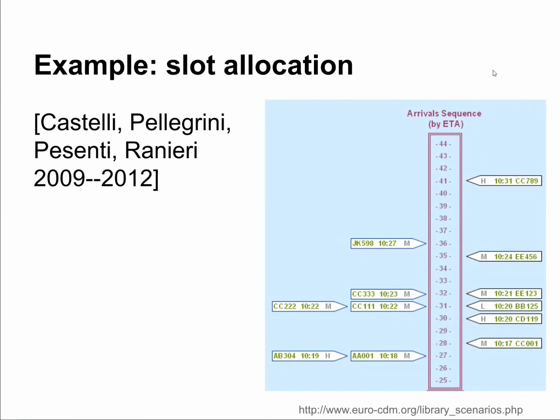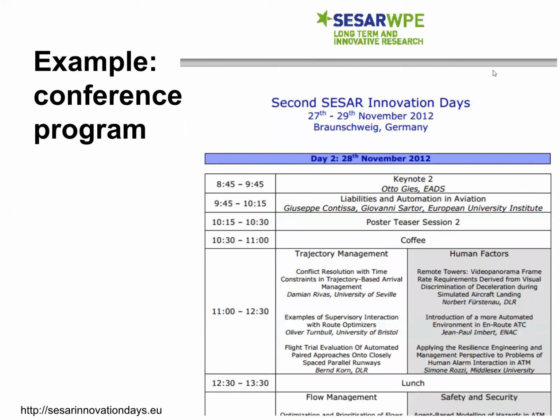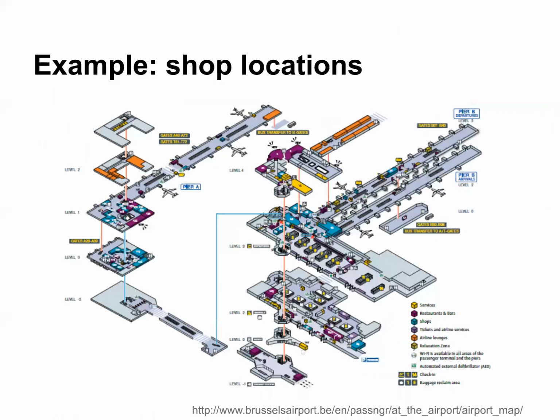Slots are distributed to flights. Other examples, again speaking of time slots: conference programs. There are different talks in a conference, and the question is which talk goes when. Or you may think of a class schedule, which classes are being given at which times, if we think about classes as resources in any way.